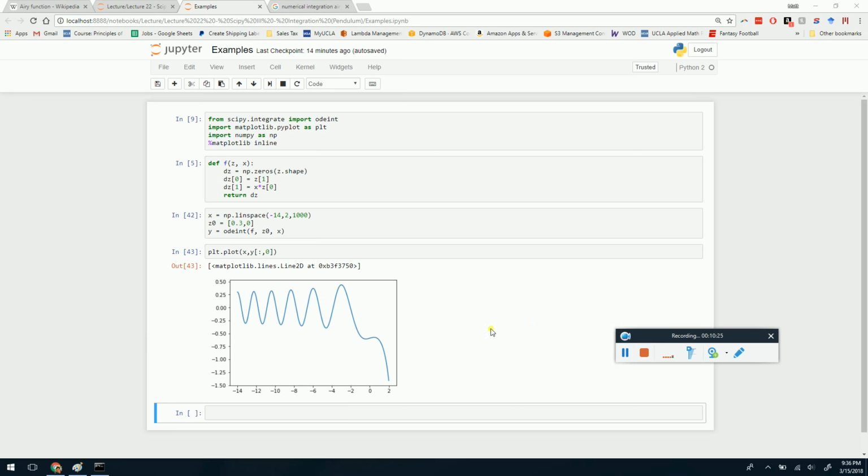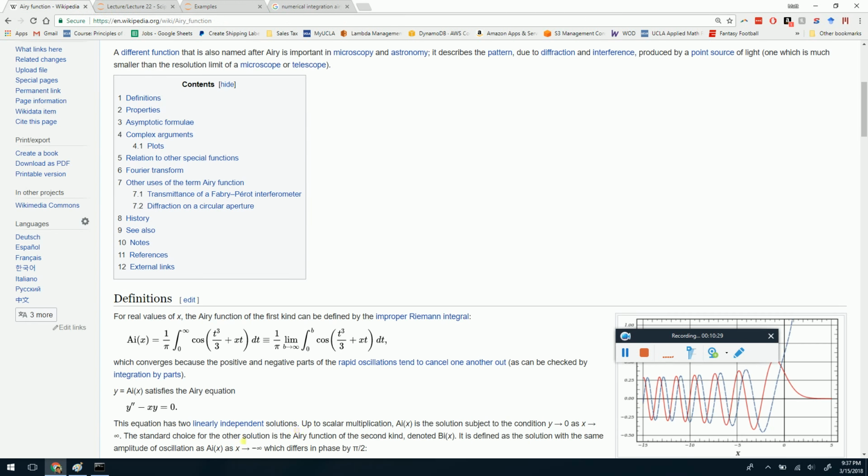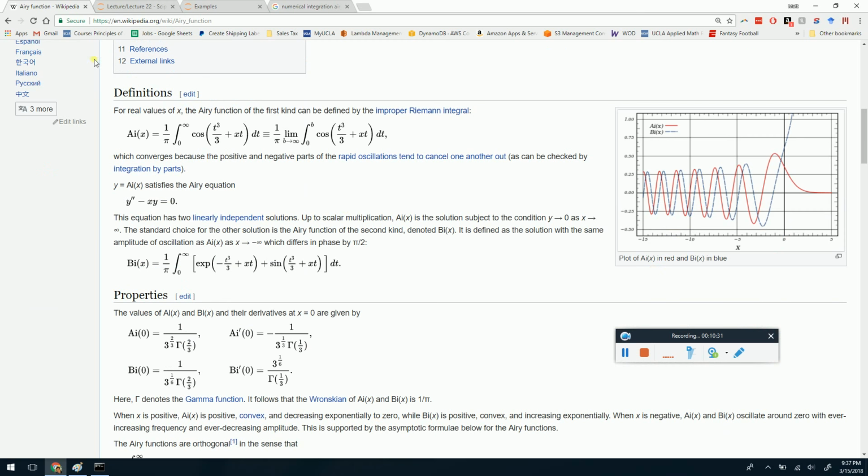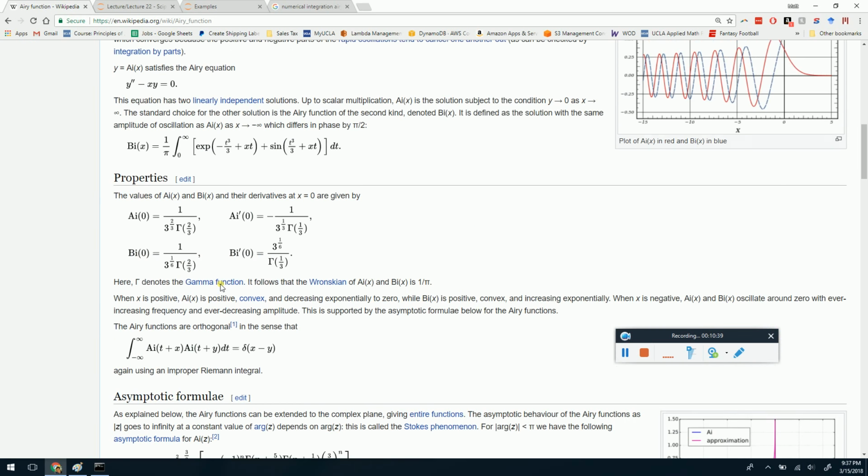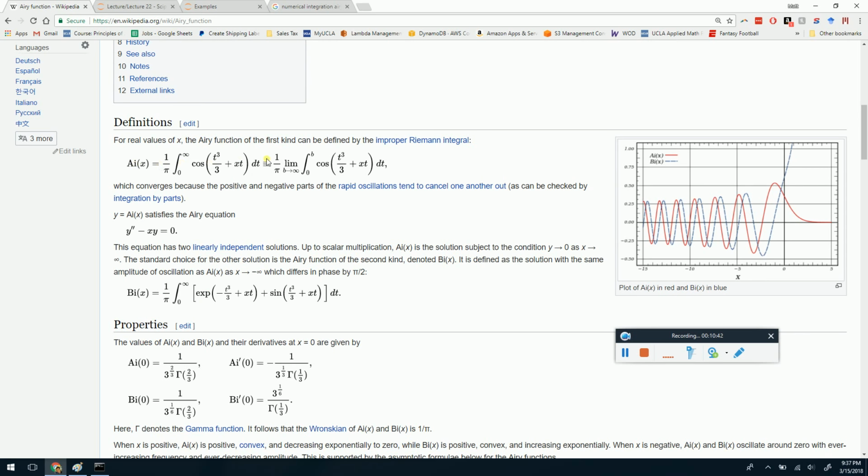Okay, I've done a little research, and I was expecting that we would get a solution that looked like this because I wasn't really paying much attention. It turns out that the Airy function, when you solve it analytically, you get a linear combination of Ai and Bi. One of them goes to infinity, the other goes to 0.